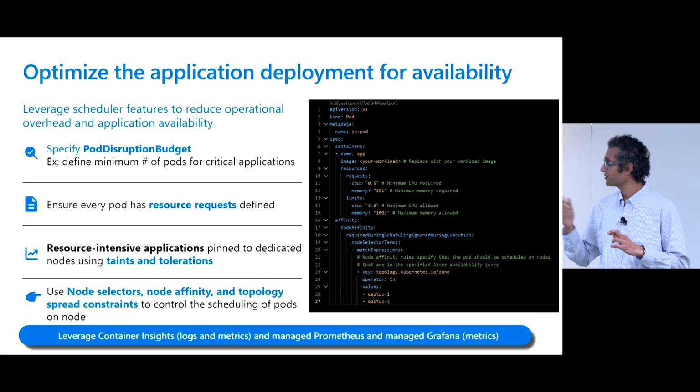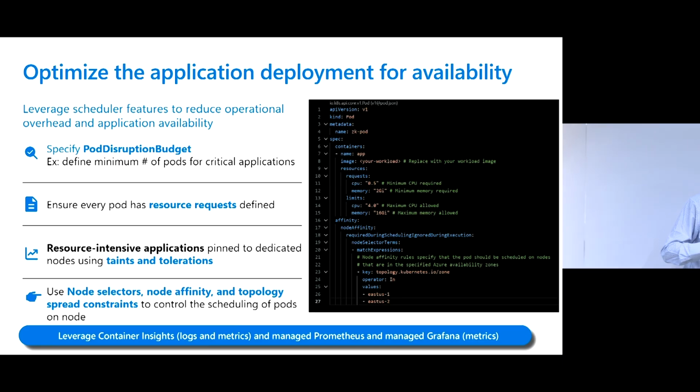Node selectors, node affinity, and topology spread constraints are other means to control the scheduling of pods. I probably missed the bit about setting resource requests and limits, which comes into the picture especially when you're using things like HPA and VPA. That's another way we can ensure availability.